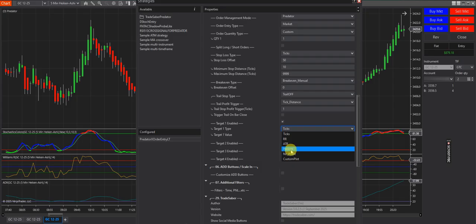You can set it as a percent. For example, if my first contract has a set profit target, my second contract I would leave at no target.